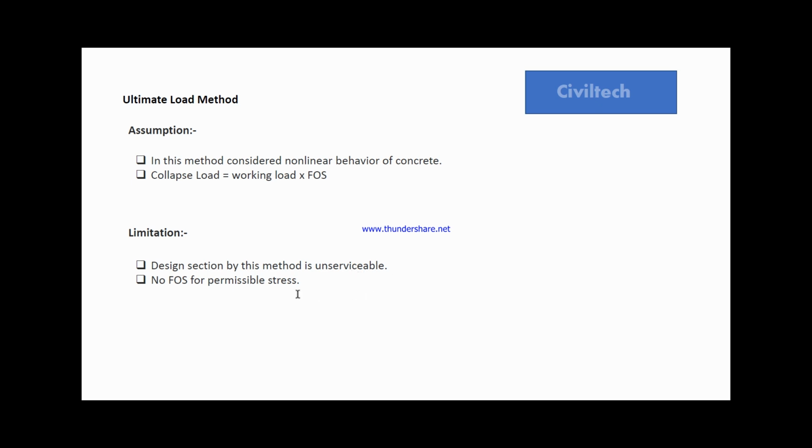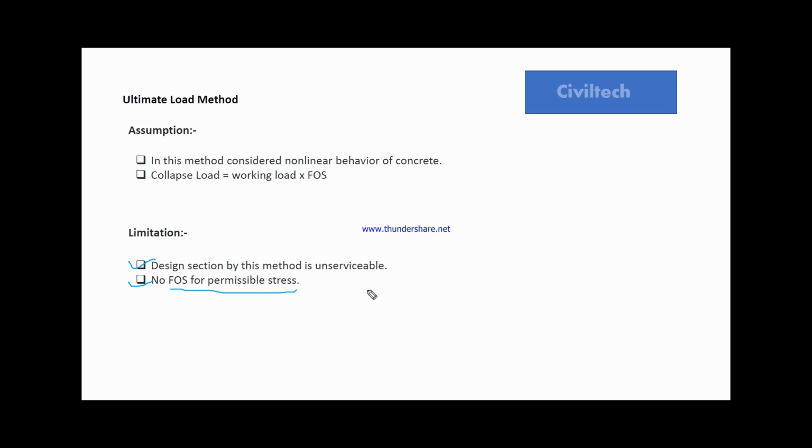Second limitation, we are using the factor of safety to calculate only design load, but we are not using any factor of safety to calculate the permissible stress. So this is my second limitation and this is the first limitation. So we have seen the assumptions and limitations of the ultimate load method.